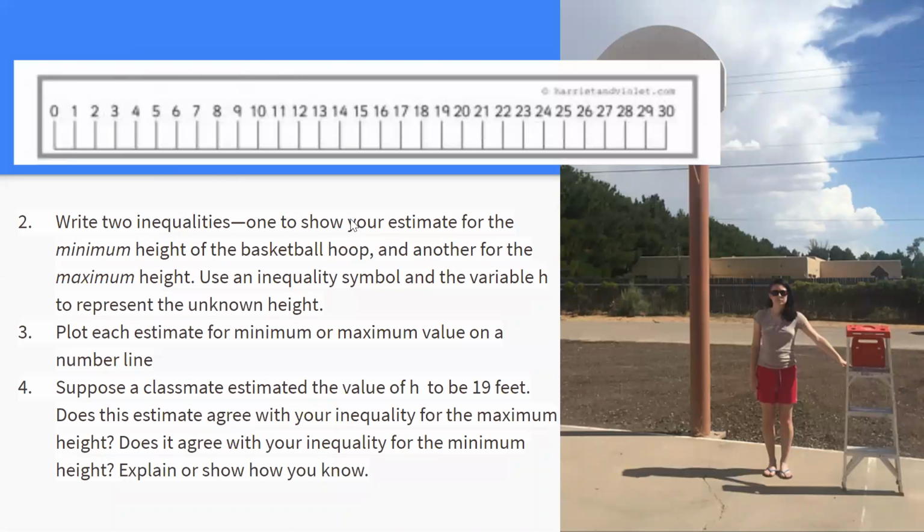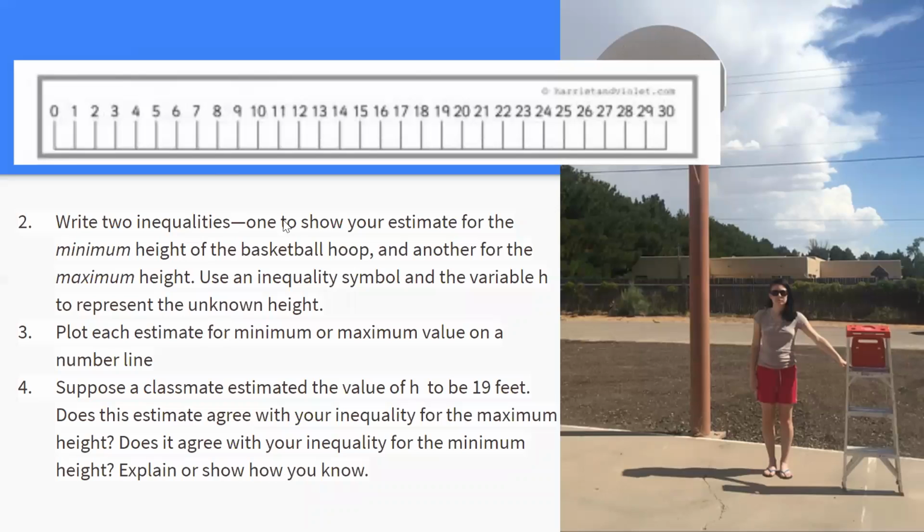All right, so now we're going to write some inequalities. An inequality is a statement that uses the phrases greater than, less than, or equal to. So we're going to write a couple of those thinking about our minimum height of 8 feet and our maximum height of 30 feet.